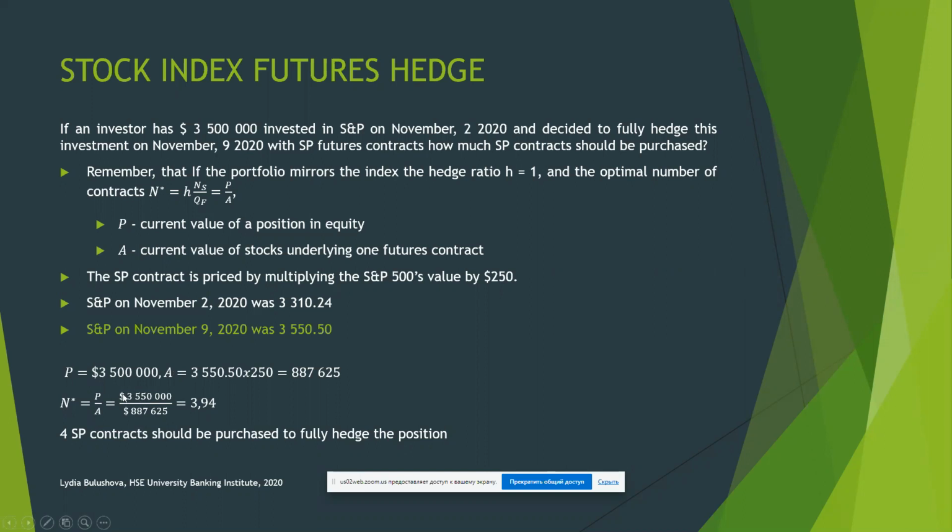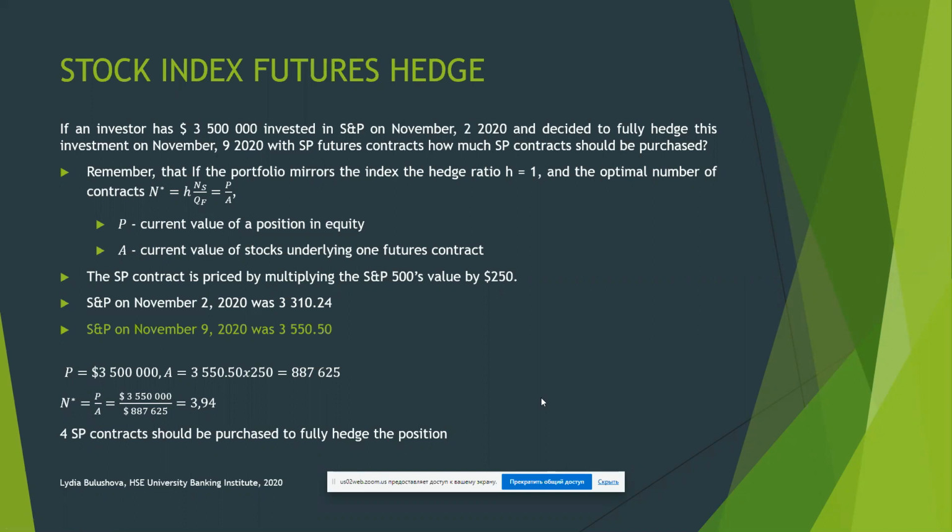But we divide this by this, and we get this number. Well, we are not allowed to purchase 3.94, so we have to purchase 4 contracts. And with these 4 contracts, we can fully hedge our position.